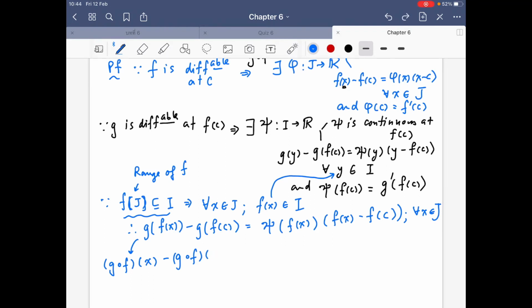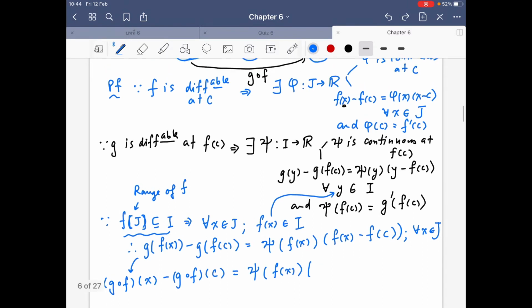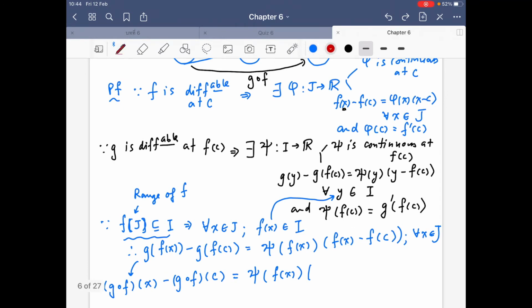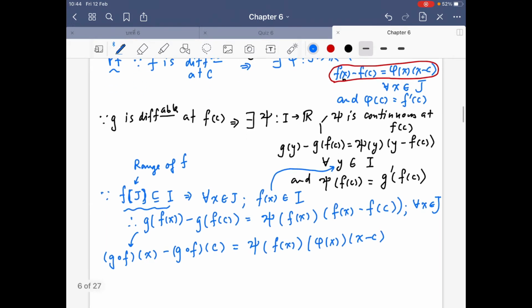So this is psi of f of x, and what is f(x) minus f(c)? It is right here: phi of x times x minus c.